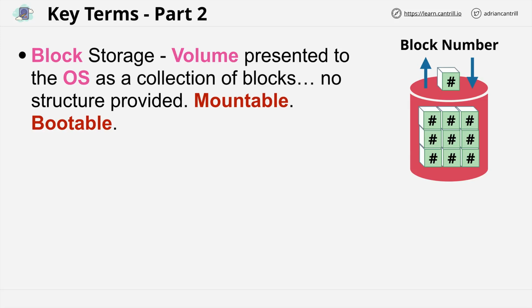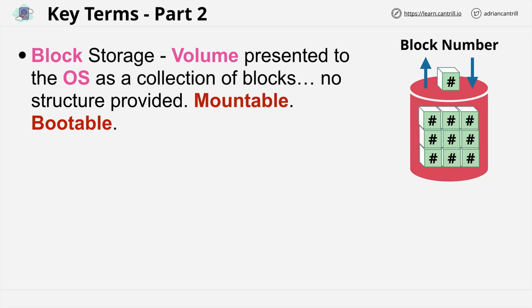In the physical world, network attached storage systems or storage area network systems provide block storage over the network, and a simple hard disk in a server is an example of physical block storage. The key thing is that block storage has no inbuilt structure, it's just a collection of uniquely addressable blocks. It's up to the operating system to create a file system and then to mount that file system, and that can be used by the operating system.